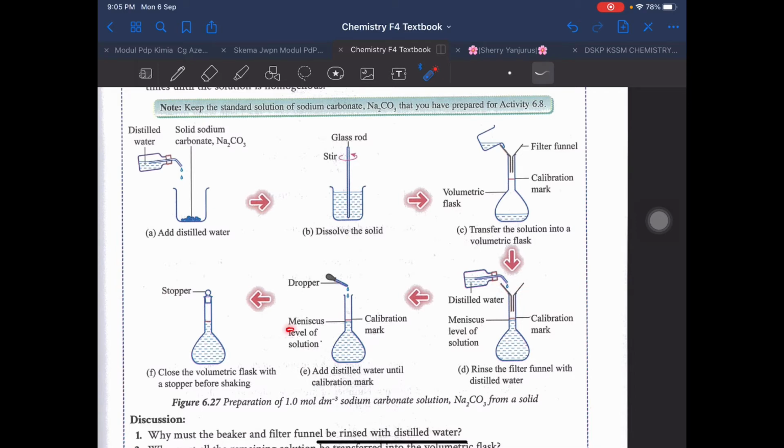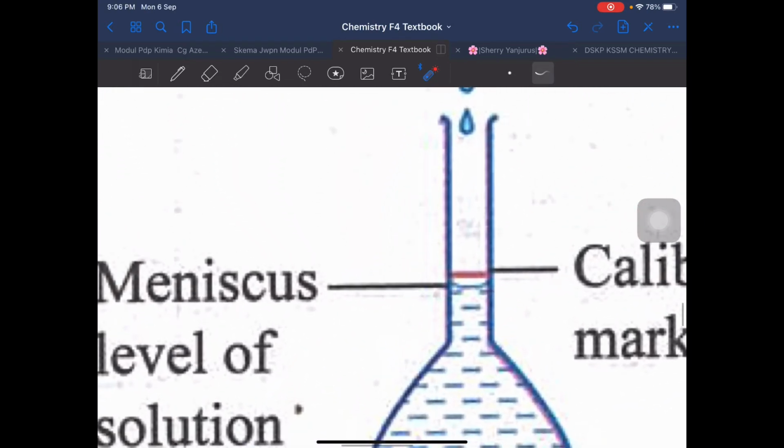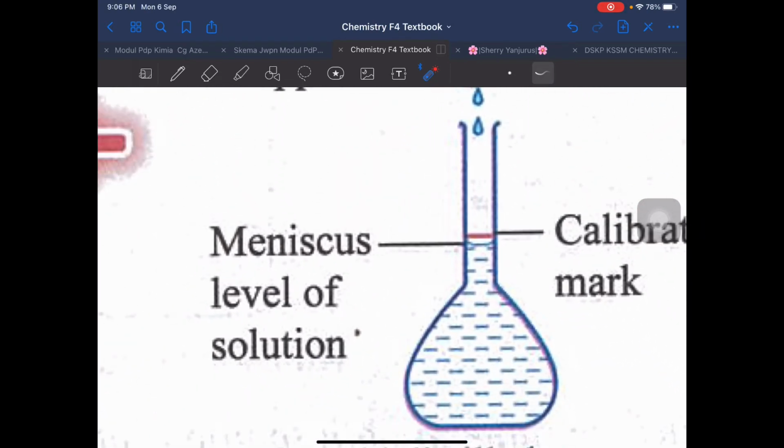What is meniscus level? Meniscus level ni adalah begini. Look at this picture over here. You know that kita punya air ni, when you fill in any shape of glasses lah, dia tidak akan rata begini tau. You still remember meniscus level? Air tu sebenarnya begini dia punya level.